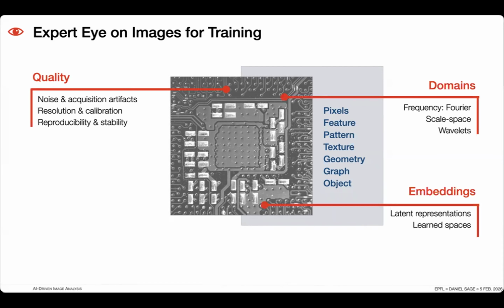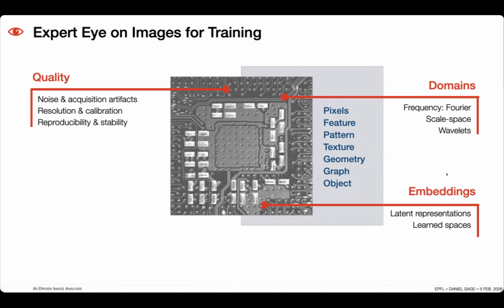You can see the image also in other domains. So I put the classical domains that we had in the older times. We can see the image as a frequency using the Fourier transform, scale space, or wavelets. So we change the domain, the way that we represent the image.